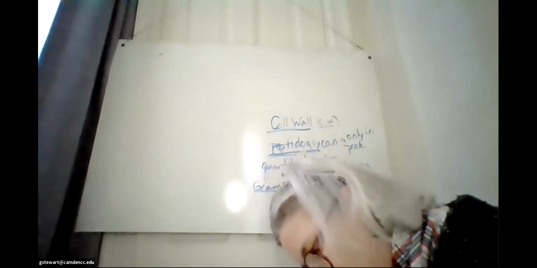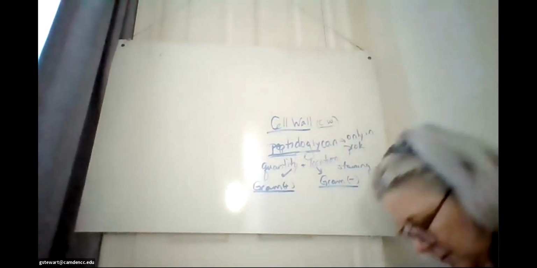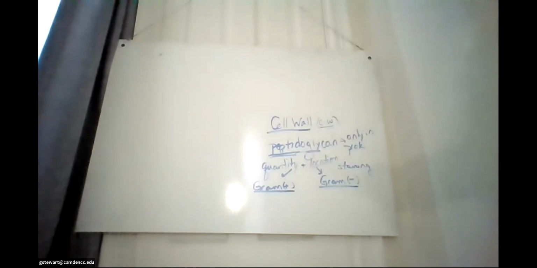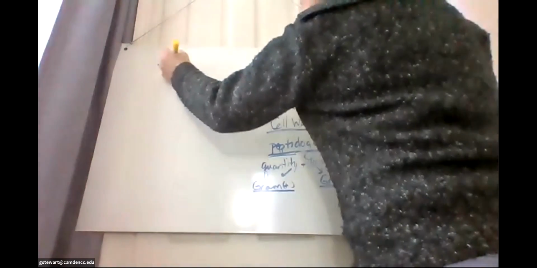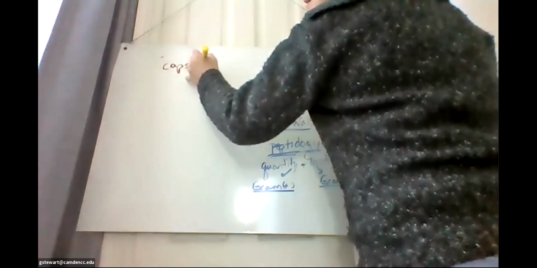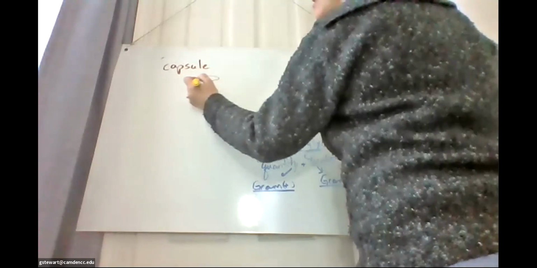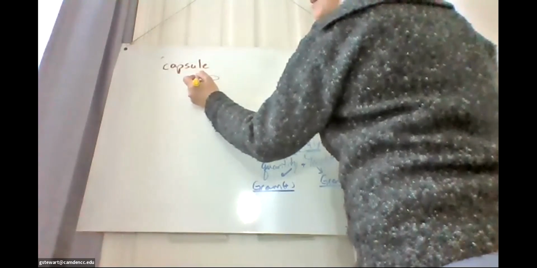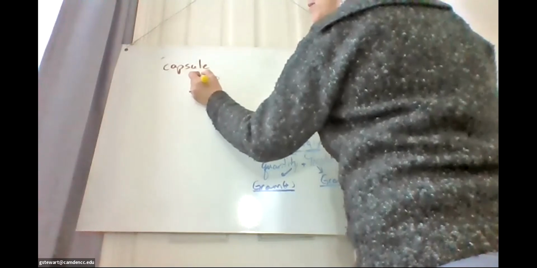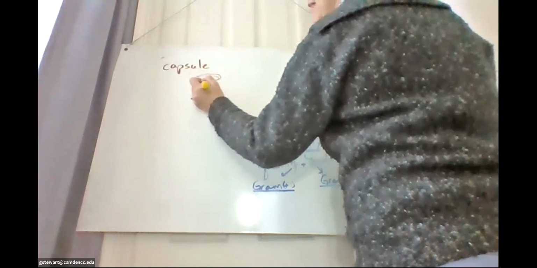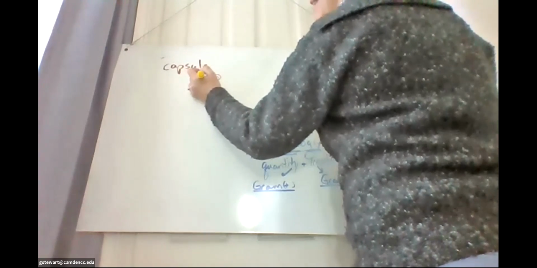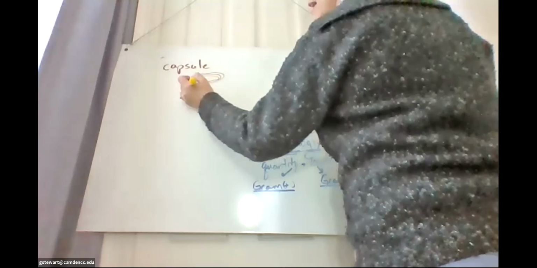Those would include things like some bacteria have a capsule. This is a protective coat outside. So here's phospholipid bilayer, right? The cell membrane. Here would be the cell wall. And then some bacteria outside of that have a third coating. That's the capsule.